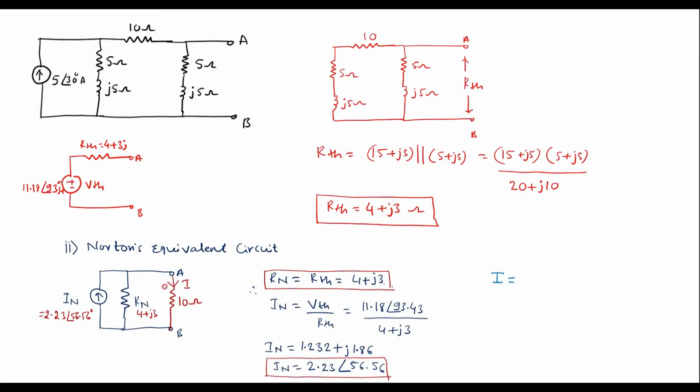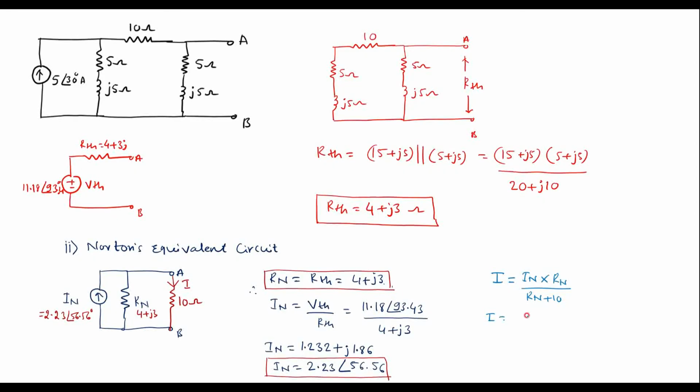I can apply current division rule. By applying current division rule, I is equal to total current, that is IN, into opposite resistor, that is RN, divided by sum of these two resistors, that is RN plus 10.